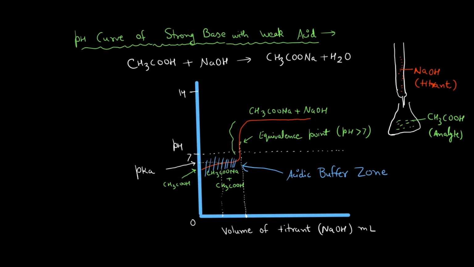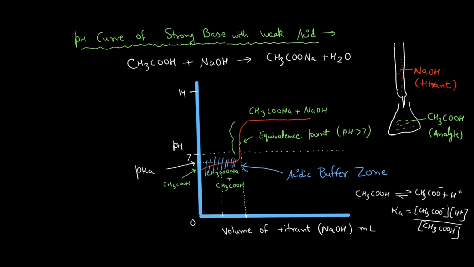So why is it like that? We know that CH3COOH partially dissociates into acetate ion and H plus ion. We can write the equilibrium constant for this acid as the CH3COO negative concentration and H plus ion concentration divided by the concentration of acetic acid.